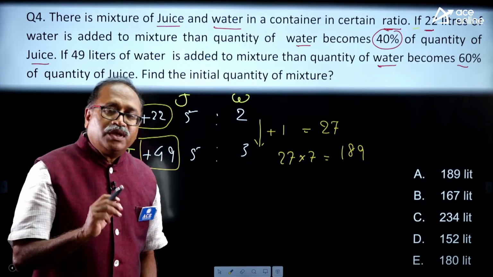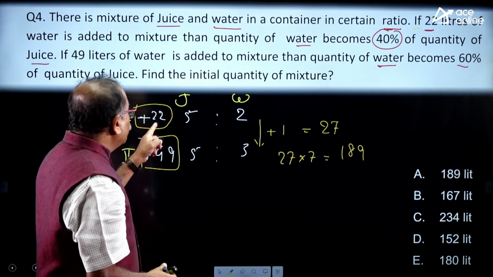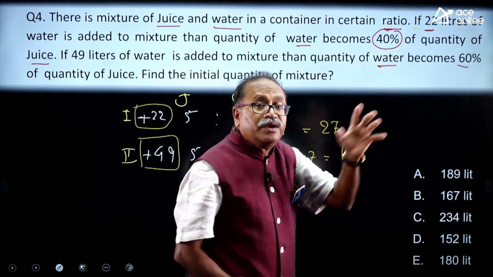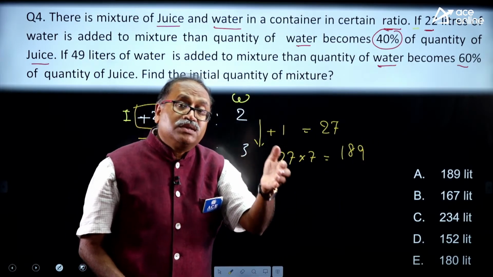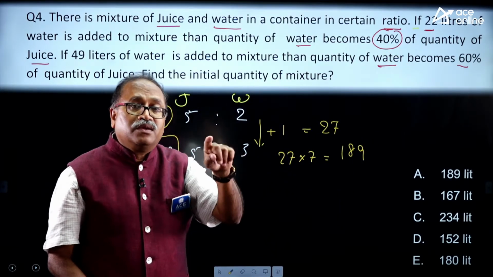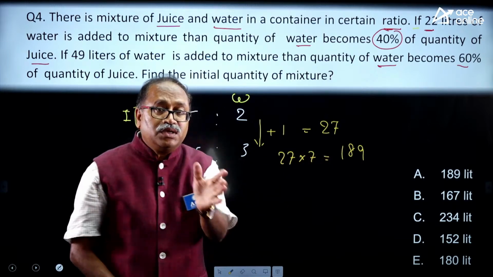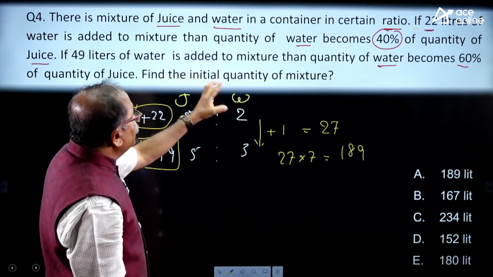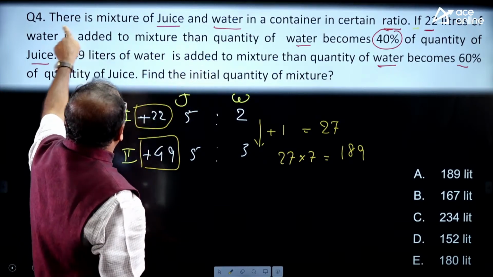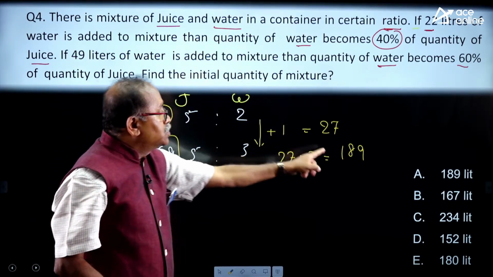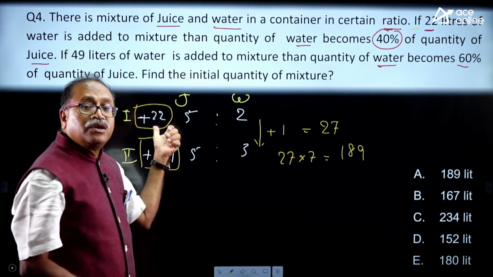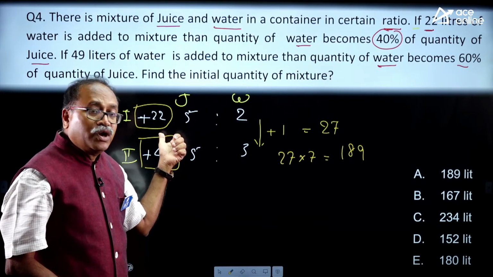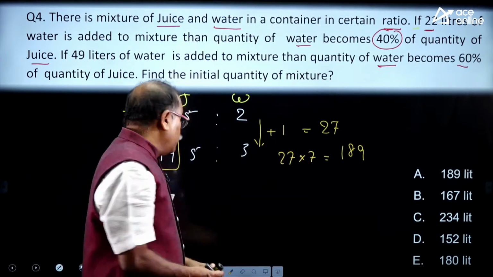No. When is it 189? If 22 liters of water is added, in that case my total quantity is 189. But the question asks to find the initial quantity of mixture. So from this quantity, I have to take out 22 liters of water. Then I will get the initial quantity.